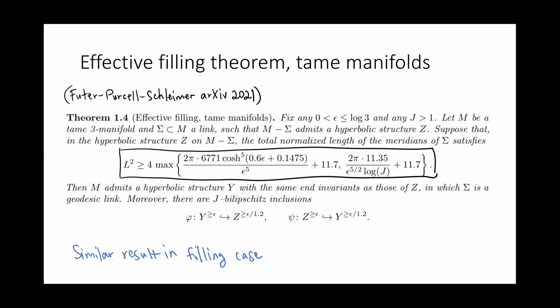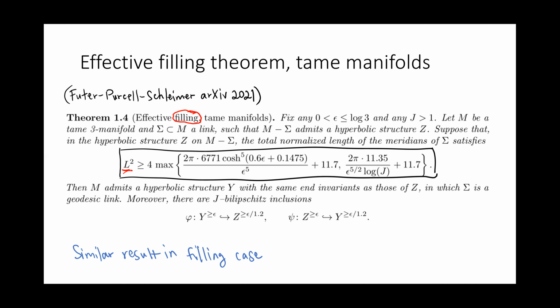Okay, so here's our result. This is on the arXiv 2021. And now you get this effective result for tame manifolds. So if M is a tame manifold, sigma is a link, and you have a hyperbolic structure. I've actually shown you the filling version, not the drilling.